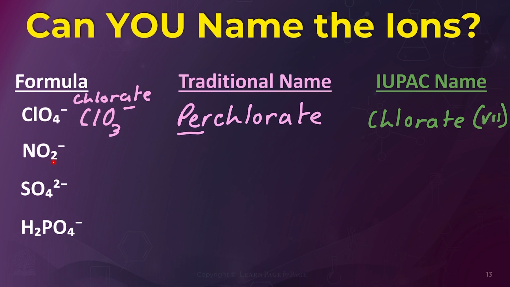Next, we've got NO2-. That's a nitrogen with 2 oxygens. And if you've guessed nitrite, you'll be correct. The common ion, NO3-, that's nitrate, and 1 less oxygen means it would be nitrite. The IUPAC name, now they've changed it here quite interestingly.